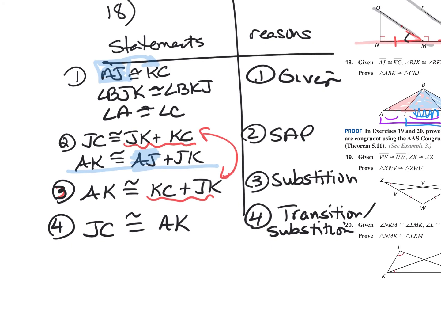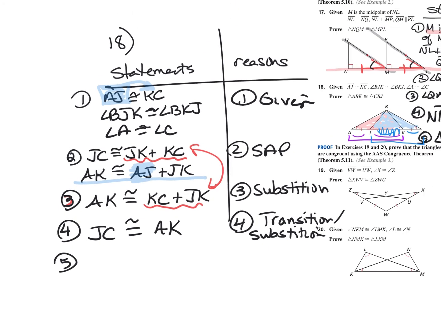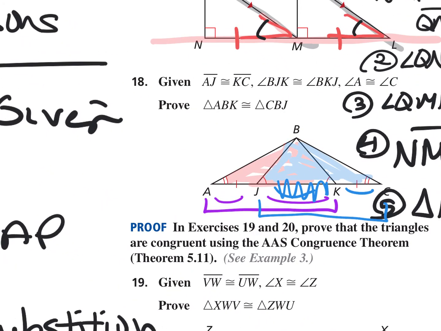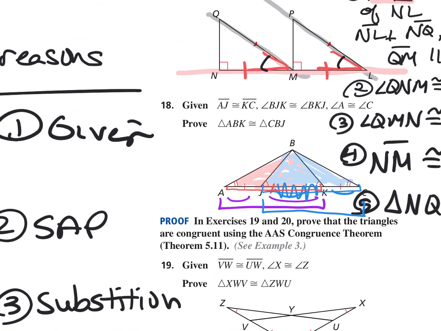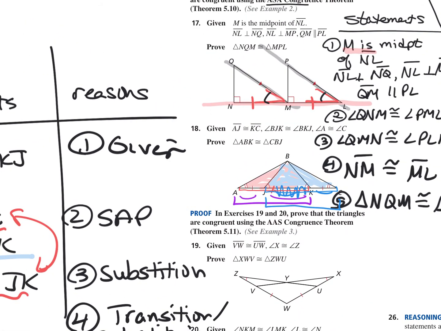And now I can go right to my triangle congruence, because now I have this side of the red one congruent to this side of the blue one. And then I also have the angle marked as congruent, as well as the AJ. So then I have now enough information on my picture to show that these two are congruent.